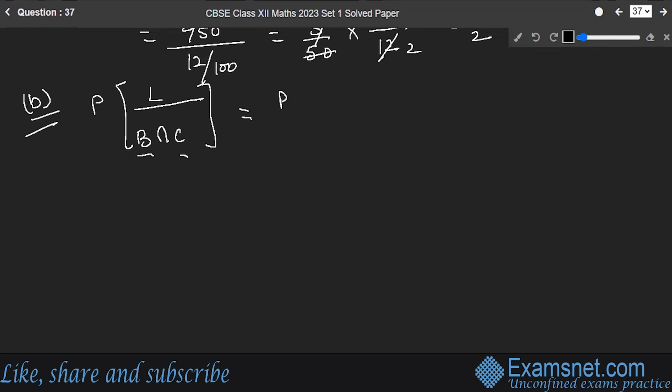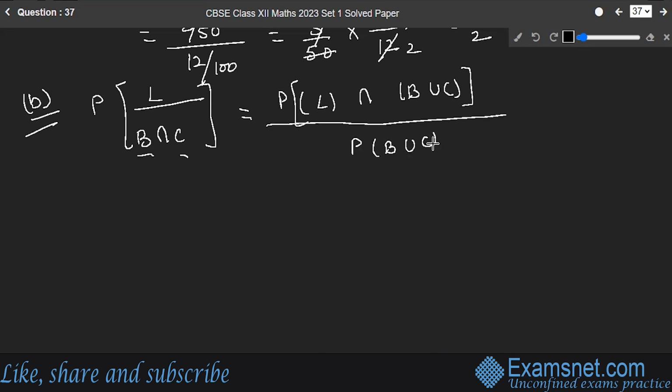This is equal to the probability of left-handed intersection (B union C) divided by the probability of (B union C).